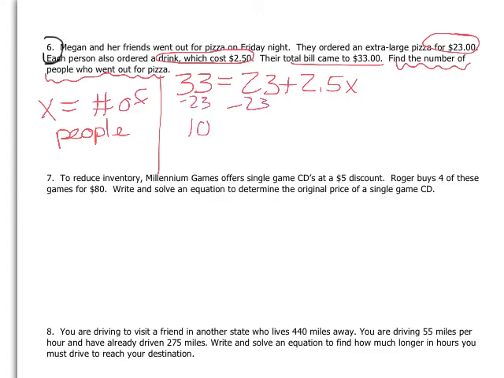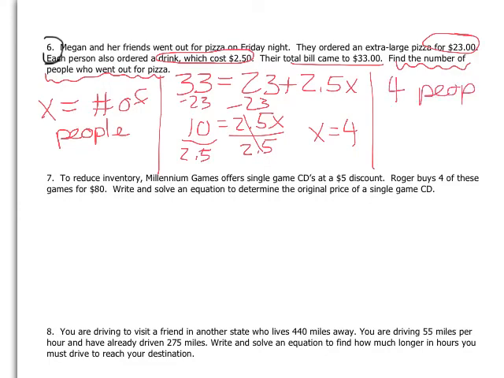So I get 10 equals 2.5x. Divide by 2.5, and I have x equals 4. Again, you wouldn't tell me x equals 4. What would you tell me? 4 people went, or something like that. And there's my final answer.